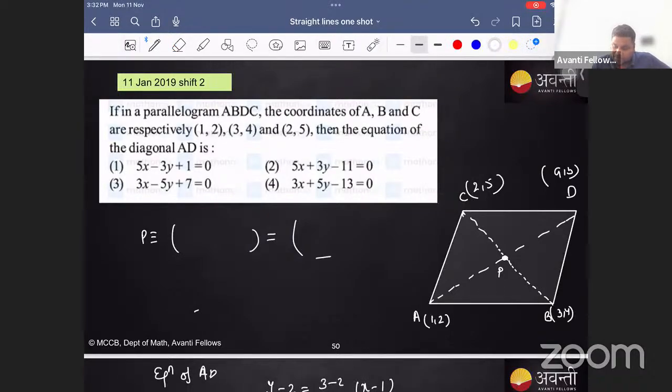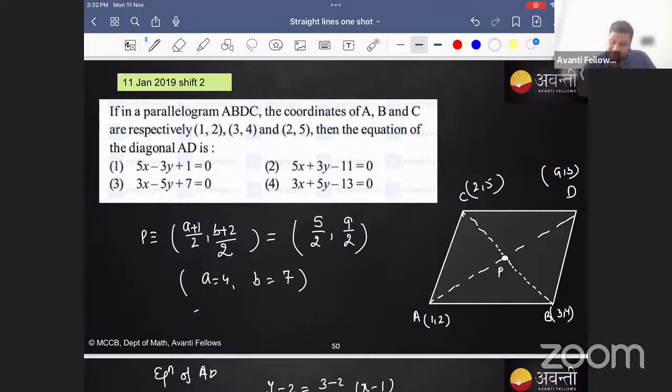So now P according to AD will be (a plus 1)/2, (b plus 2)/2, and by BC it is 5/2, 9/2. Correct now? So with this, you will get a as 4 and you will get b as 7.